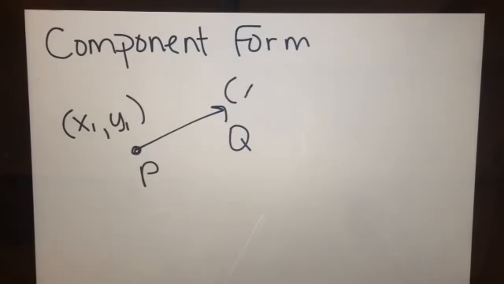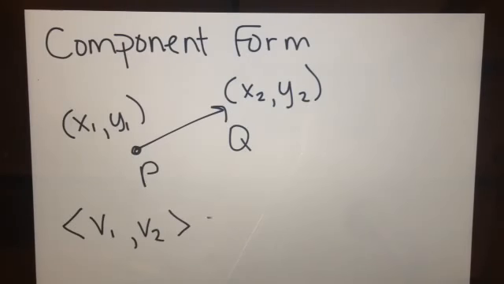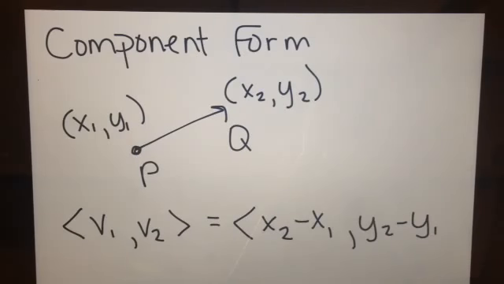And the point Q would be (x2, y2). And so the vector in component form we would write as <v1, v2>. So the x coordinate, or the horizontal component, and then the vertical component. And the way that you find that is you would do x2 minus x1, y2 minus y1.